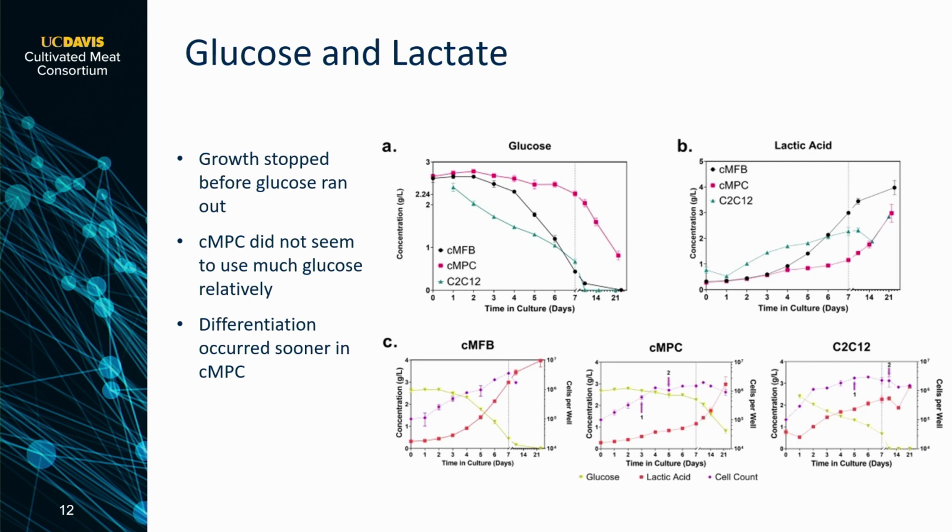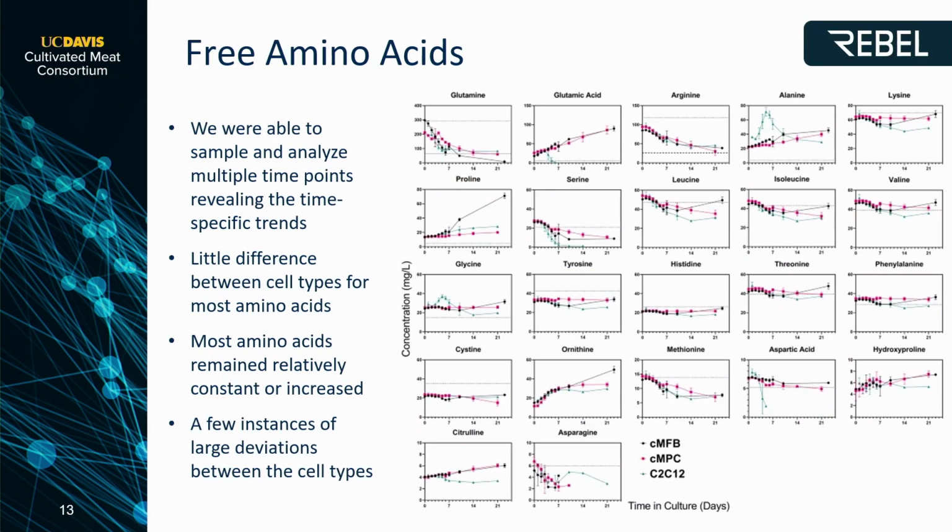So all of this really is just to highlight that there is in fact a significant metabolic difference among these related cell types that we'll have to keep in mind for optimizing media.